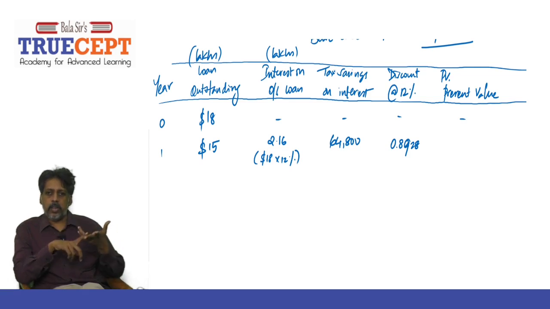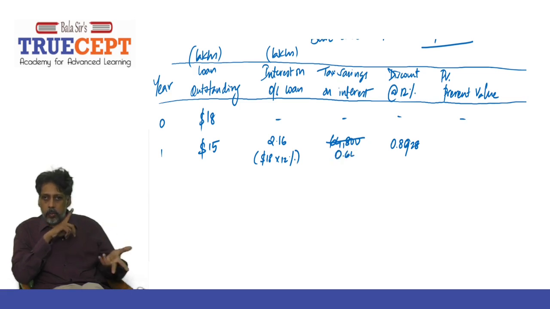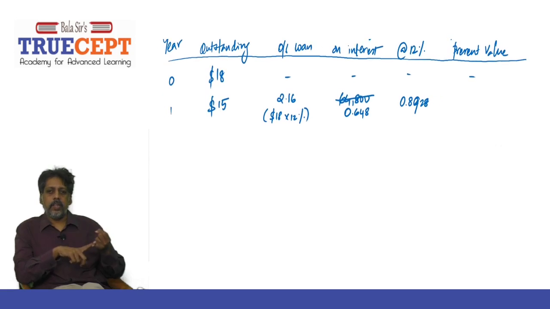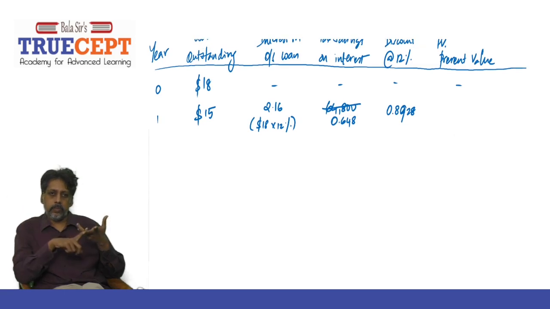Guys, even if you watch the video, don't get confused; it doesn't matter. You're taking 2.16 lakh, and that into 0.8928. What is the amount in the last column? It's 0.578. Okay, then let's go to year 2 now.